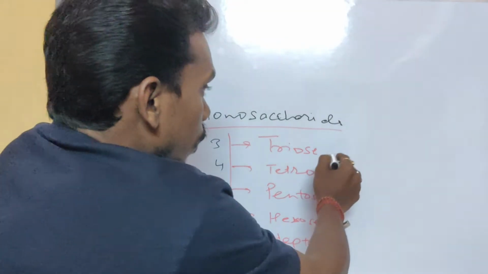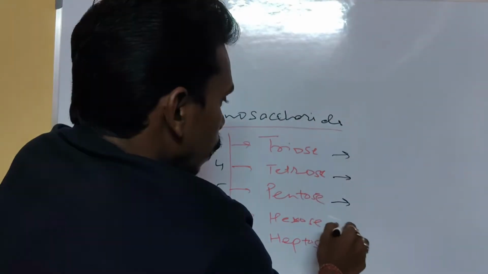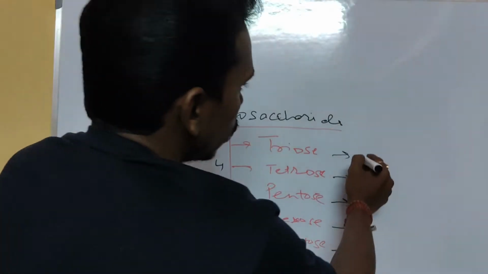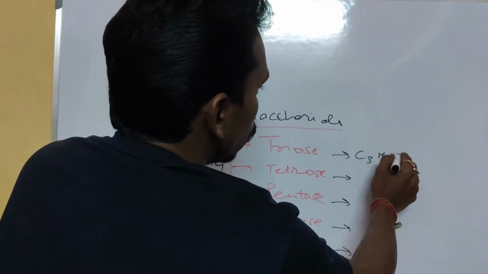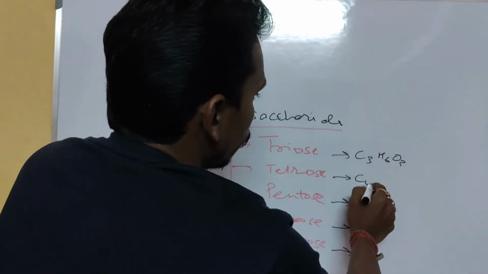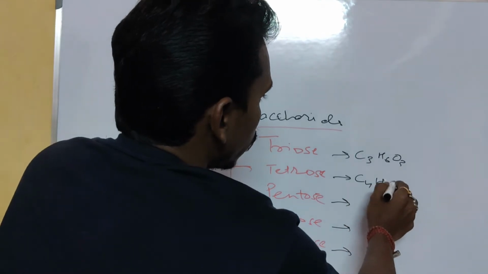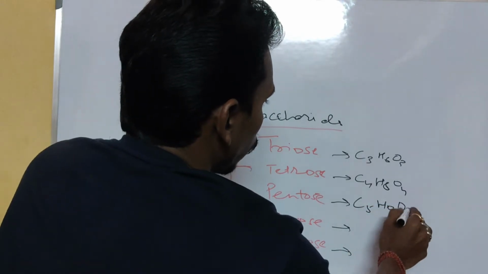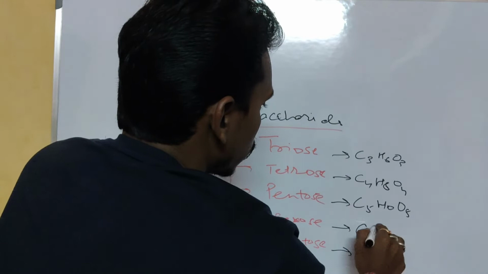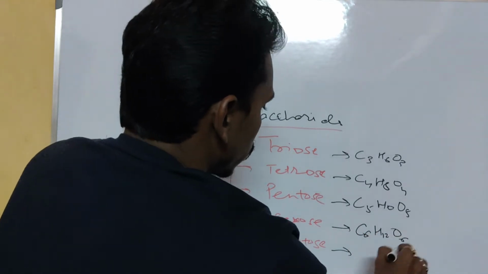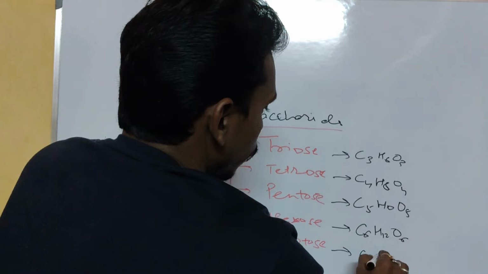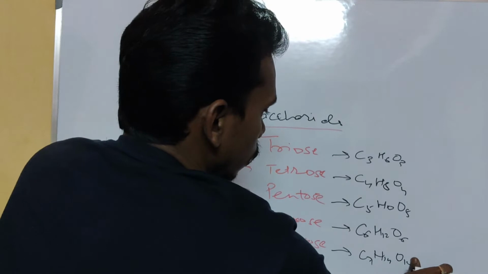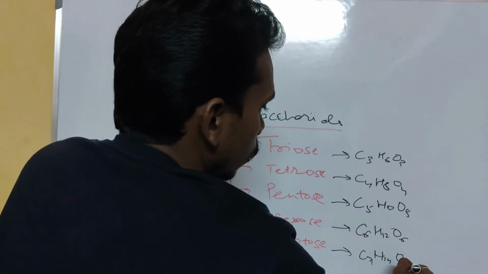Let's come to an example of all these. Example: triose, C3H6O3; tetrose, C4H8O4; pentose, C5H10O5; hexose, C6H12O6; heptose, C7H14O7.